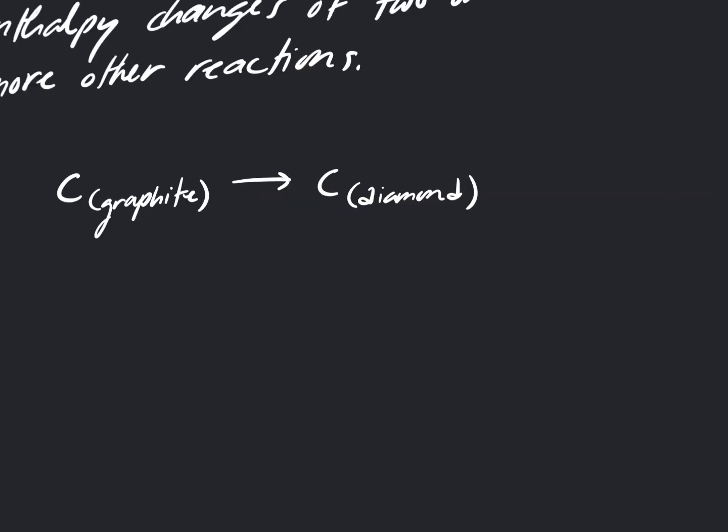Okay? Maybe you've heard of this before, but diamonds are actually made by compressing graphite and adding energy to graphite. Graphite being like charcoal. Usually diamonds are formed in the earth where tectonic plates are rubbing together.